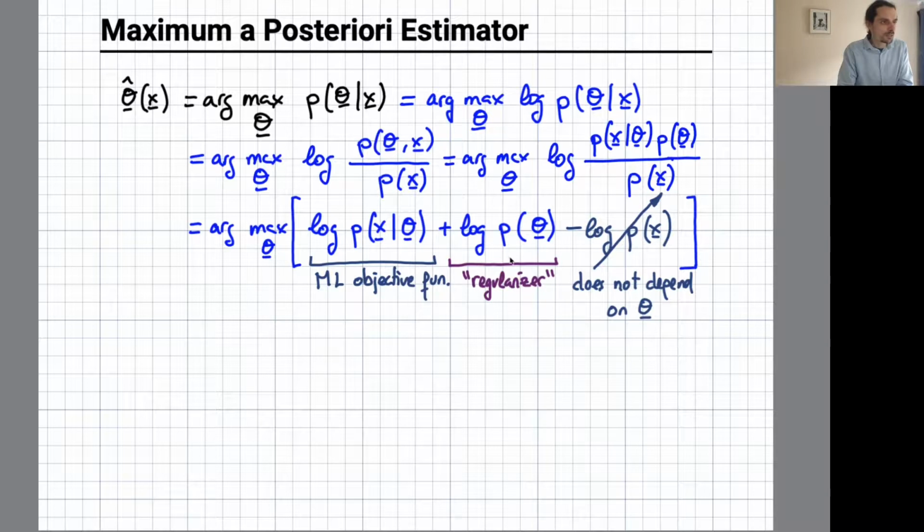So this term essentially will promote estimates that agree with the prior information, right? Estimates for which this prior is large, right? In contrast, this one promotes estimates that explain well the data, that agree with what the data is saying, right?